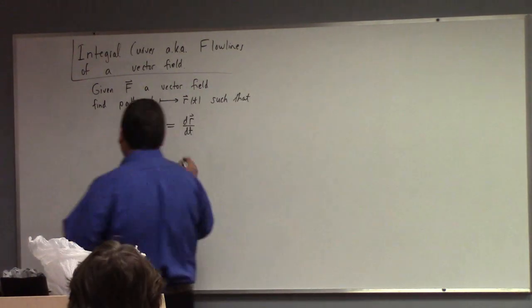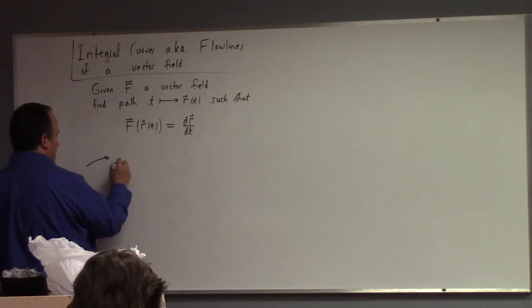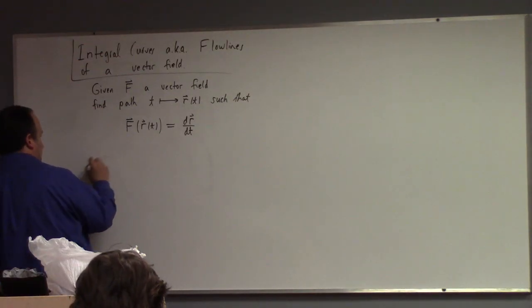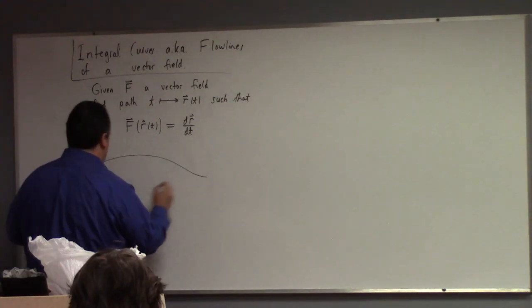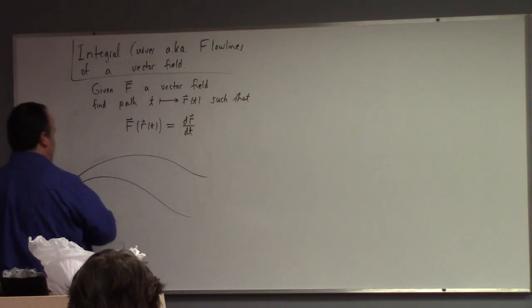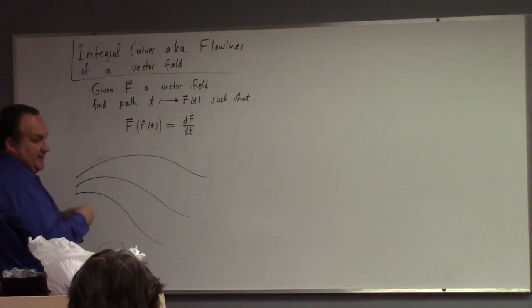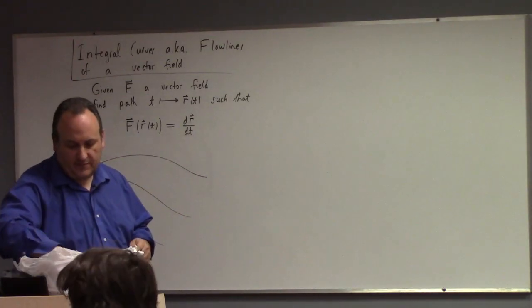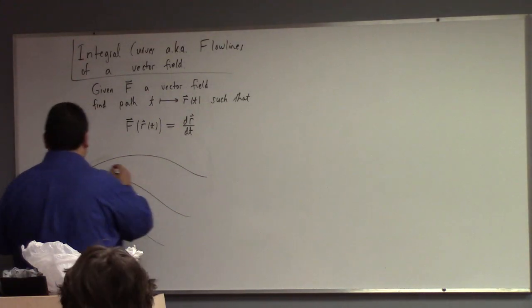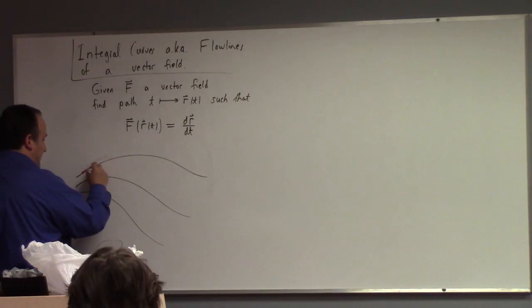So like if my path looked like this, or like that, or like that, then if those are integral curves to a vector field, the vector field looks something like this.